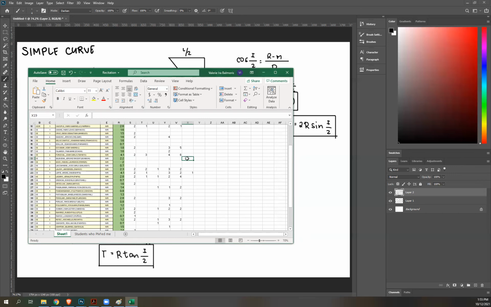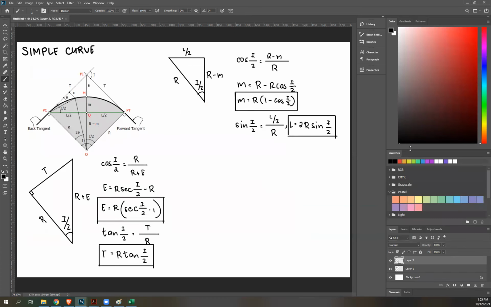So recall, S equals R theta, where S is an arc of your circle.